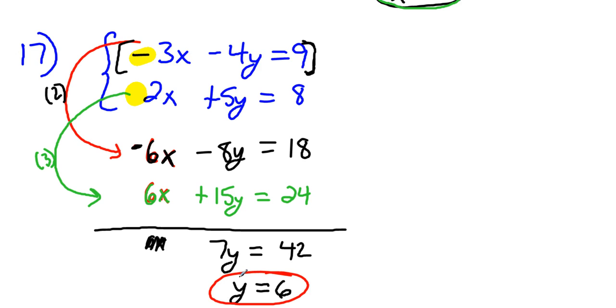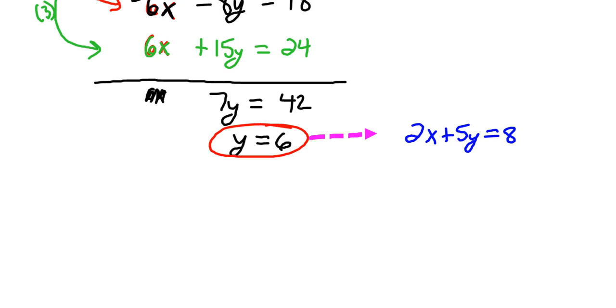Okay, and then the same thing with all the other problems. Once you've got y equals 6, plug it back in to figure out what x is. Pick any one of the two equations. If you don't like negatives, maybe we go with the one that was all positives. So take out the y, put in 6.